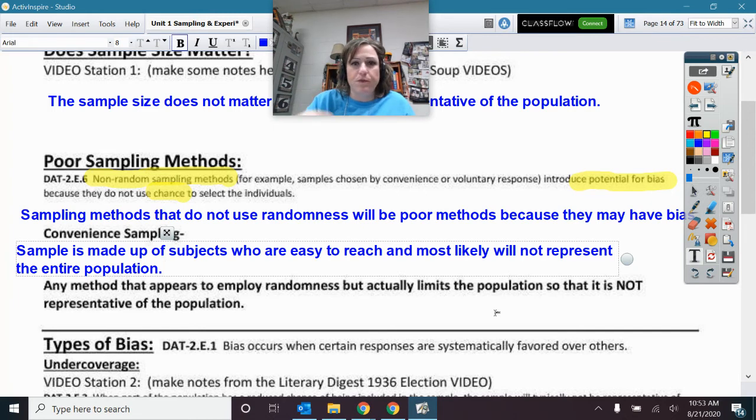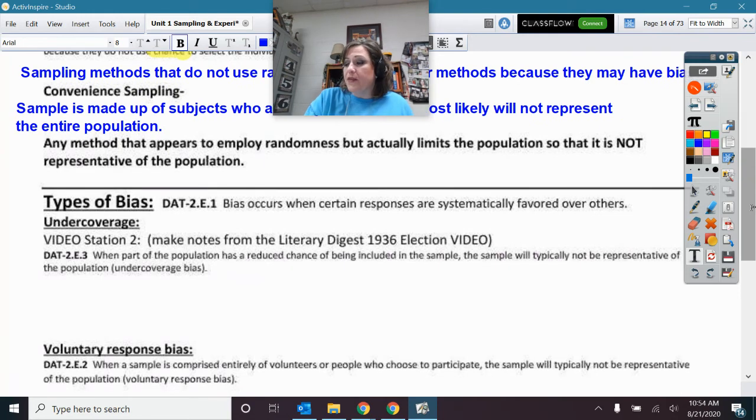I may even pick every 10th customer and do systematic sampling. But that lot is close to a Starbucks, so I could get a higher proportion of people who like Starbucks because it's close to that location. You could be leaving out a part of the population. Because of that, the type of bias we frequently get is called undercoverage, because you do not necessarily have all types of the population.